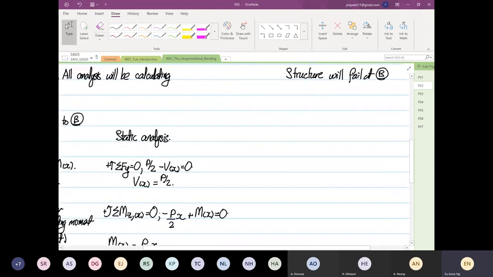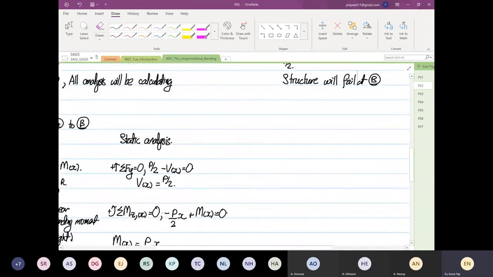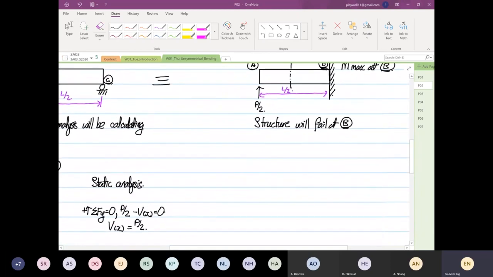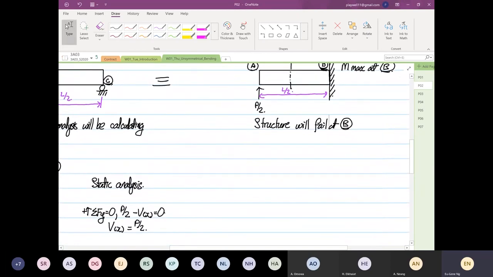All right. So we're going to form the equation likewise. We're going to go from point A, 0 ≤ x ≤ L/2.